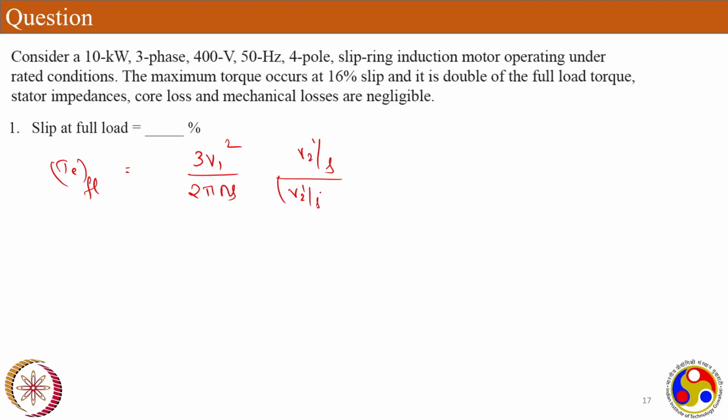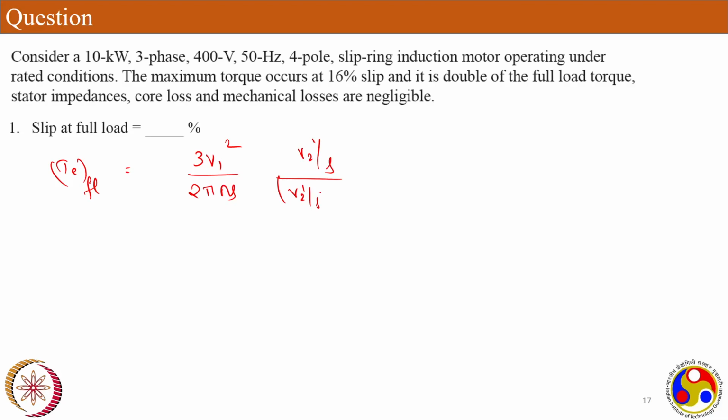Now let's rearrange this and see what arrangements we can make here. So the ratio we know is 2 times, and we have 2 here, and I am bringing the bottom X2 to the top. We will have R2 dash multiplied by X2 dash divided by slip, and in the bottom you have (R2 dash by S) whole square plus X2 dash whole square.